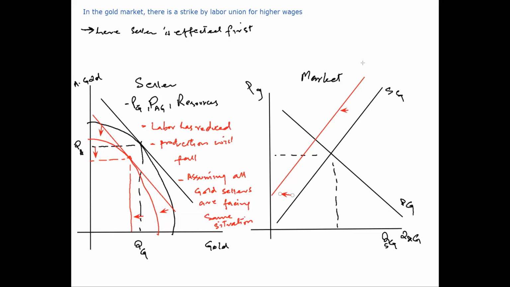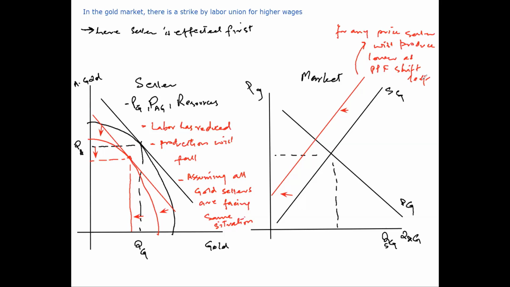This is showing that for any price, the seller now has lower ability because his PPF has shrunk inward. So let me write it here. This means for any price, the seller will produce lower as the PPF shifts left.